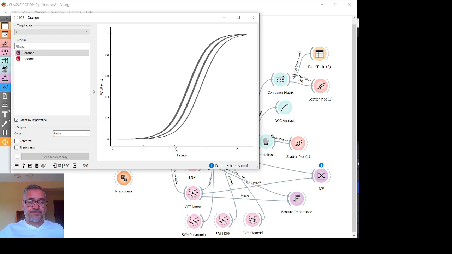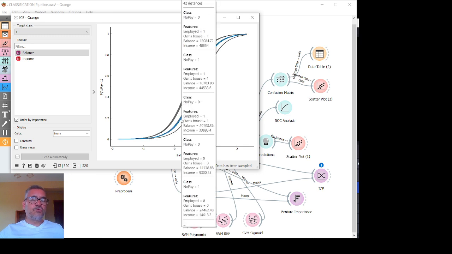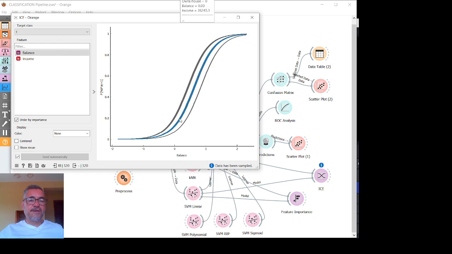So if we increase the balance of the credit card from this to that, the probability of not paying the credit card goes from 20% to 75%. This is the interpretation of these PDPs.